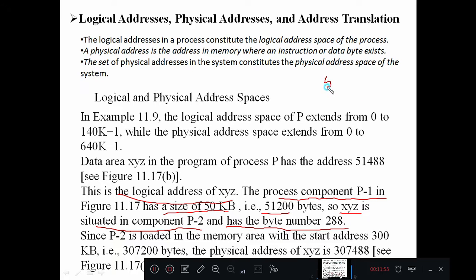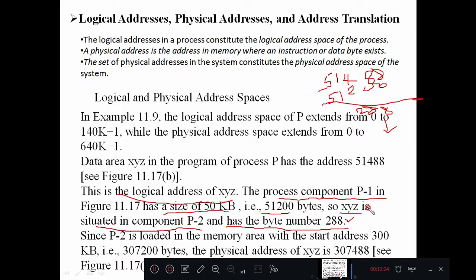Subtract from the address we are looking for, 51,488, the last address of process component P1, which is 51,200. If I subtract 51,200 from 51,488, we get 288. This is called the byte number, right?